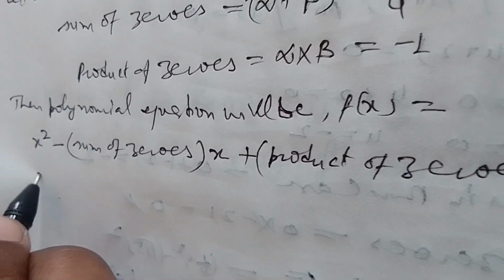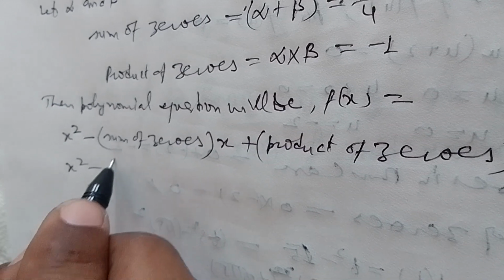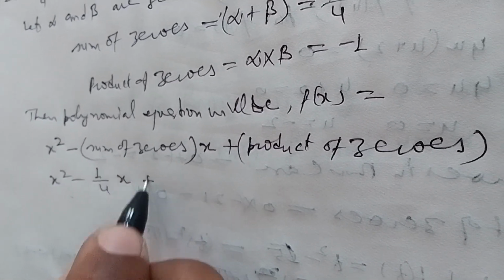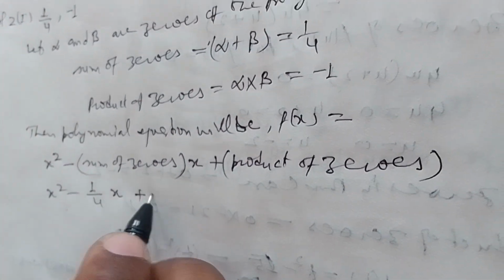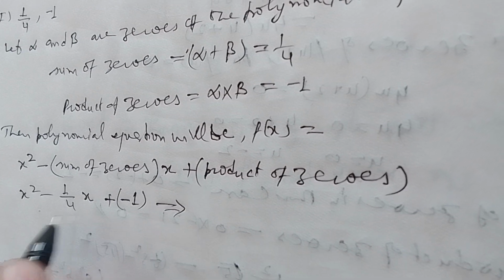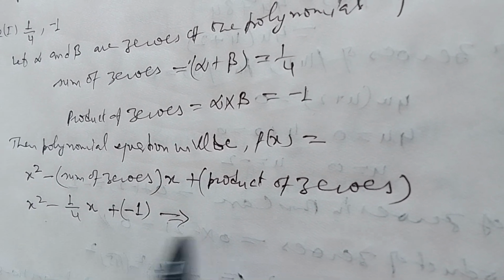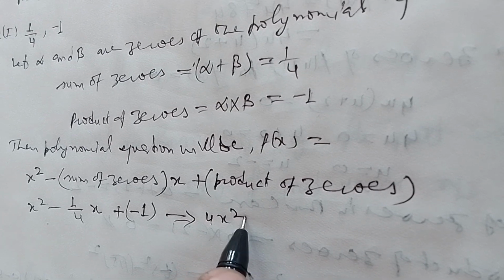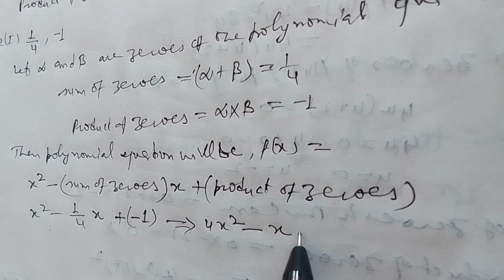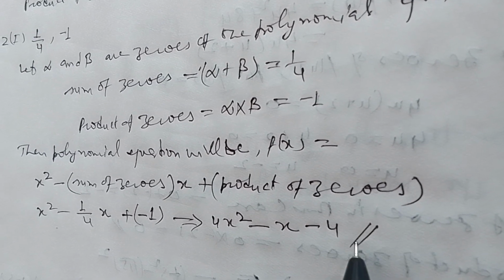So x square minus sum of zeros, which is given as 1 by 4, multiplied by x plus product of zeros, that is minus 1. So we can rewrite it by multiplying by 4: 4x square minus x minus 4. So this is the answer of the first part.